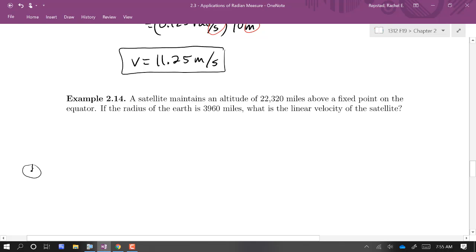It's got some radius, that's 3,960 miles. And then the satellite maintains a position above this fixed point. So as the Earth revolves, the satellite is always directly above that same point. And this is 22,320 miles.